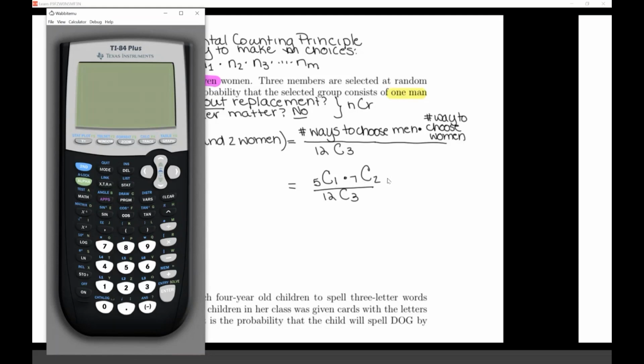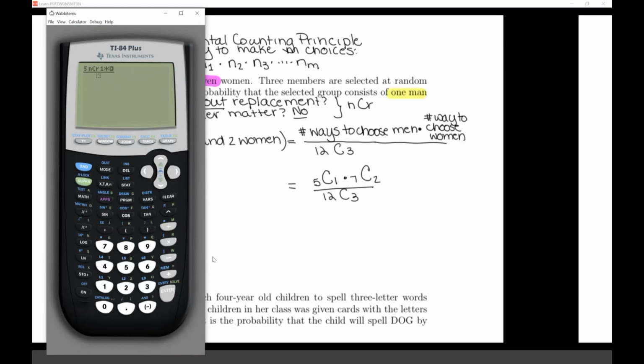You'll just need to write down the large numbers and keep track of them. First, I open up a fraction template because I have a probability fraction. Then I use combinations: I put in my N value, use the math menu, go over to probability, pick nCr, and then put in the R value.